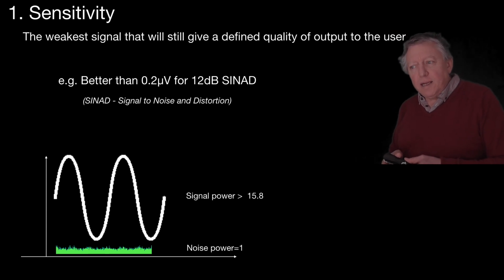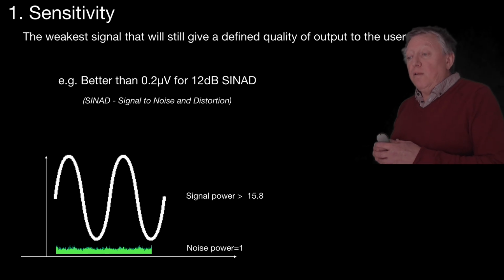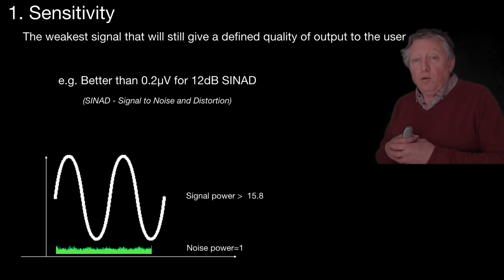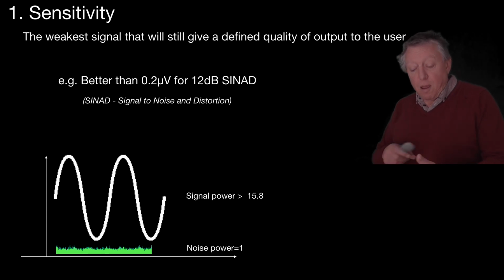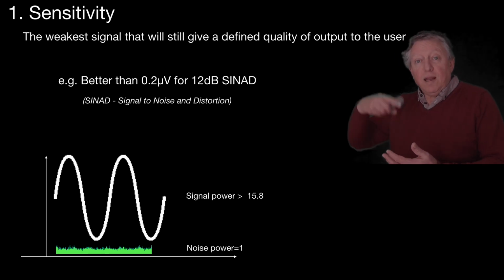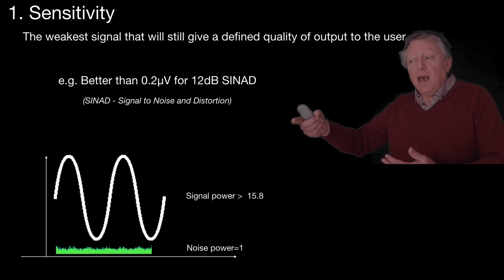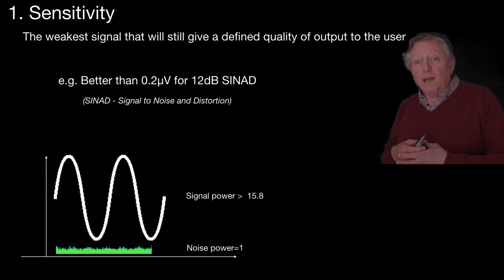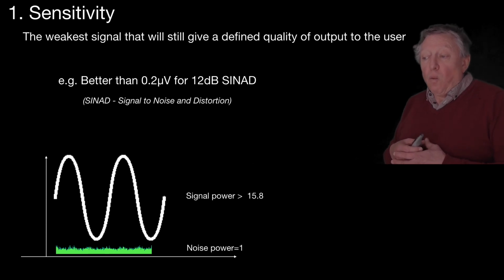Why 15.8? Well, we're talking about signal power here, and if you convert 12 dBs into a ratio, you would use your calculator. You would type in 1.2 and then 10 to the x, and you would get the answer that ratio is 15.8 times. Why 1.2?